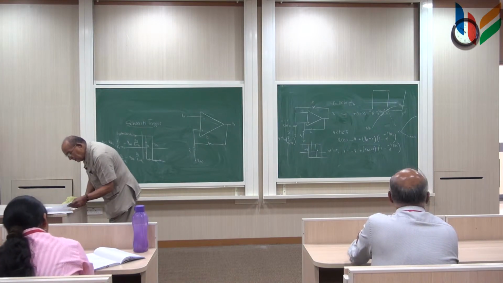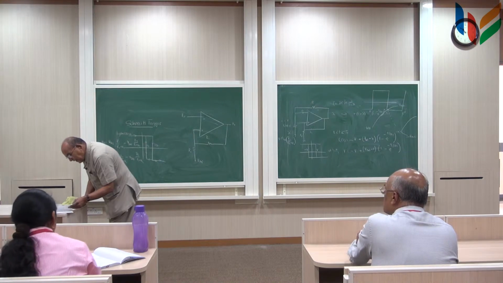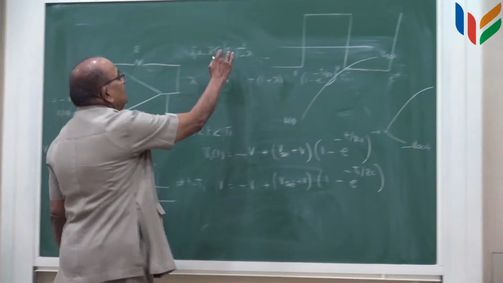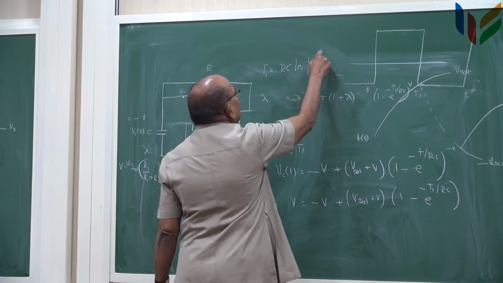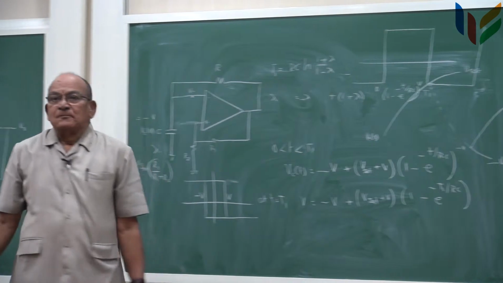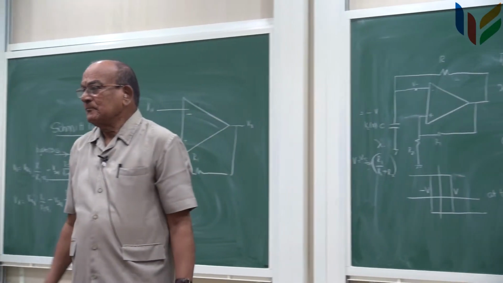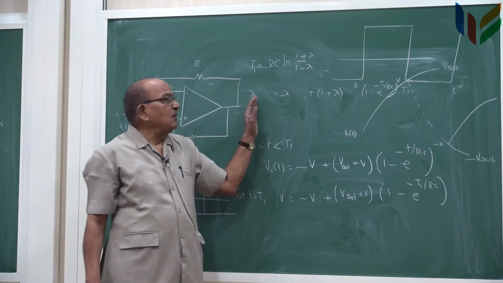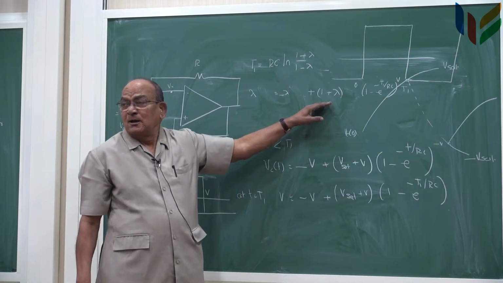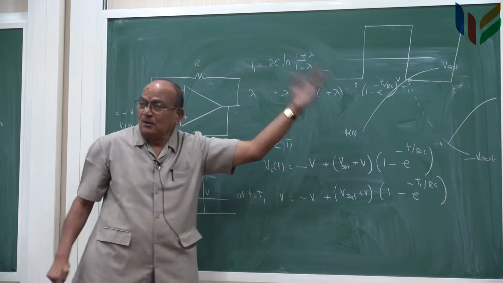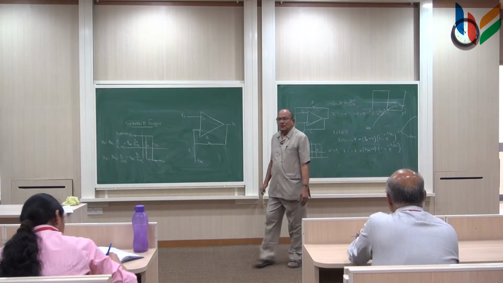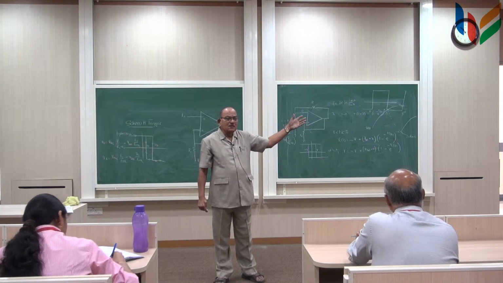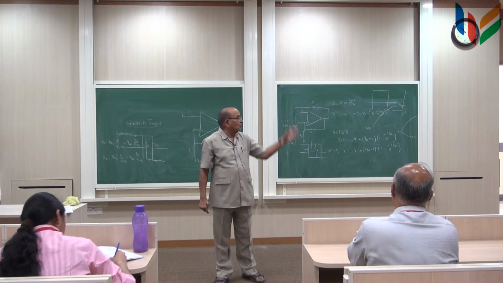Now 1 plus lambda by 1 minus lambda. I simplify this, it becomes 2 lambda divided by 1 plus lambda and 1 minus that. So that is how it becomes 1 minus lambda by 1 plus lambda. Then in inverse, because of the minus sign there, log inverse, so it comes out to be this equation.